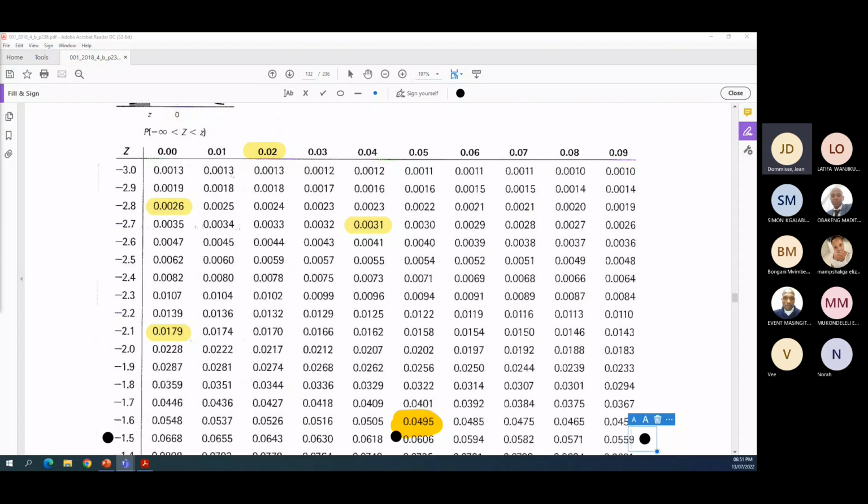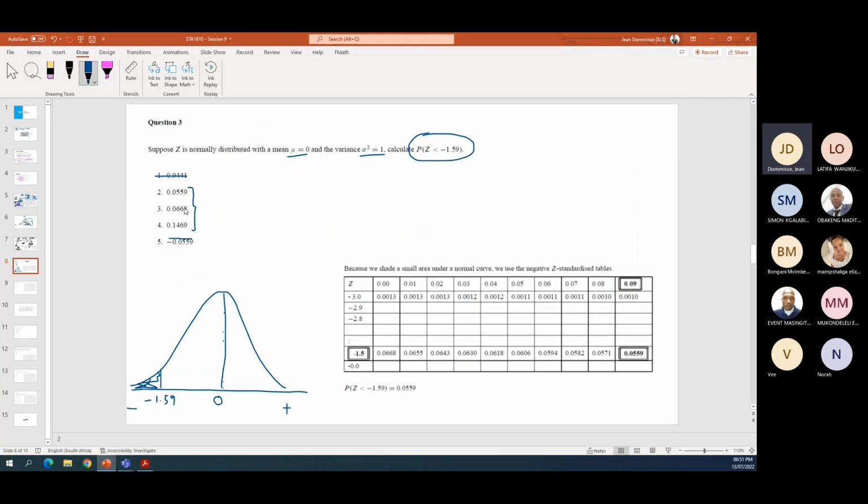So that gives us the probability for minus 1.59 of 0.0559, which, if we look at it, would have been that answer. Yes, Bongani.